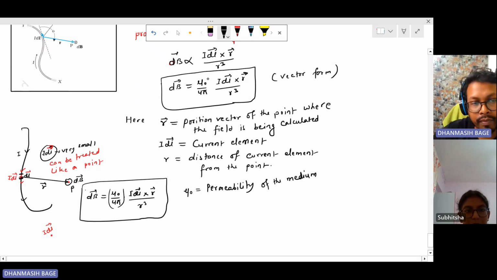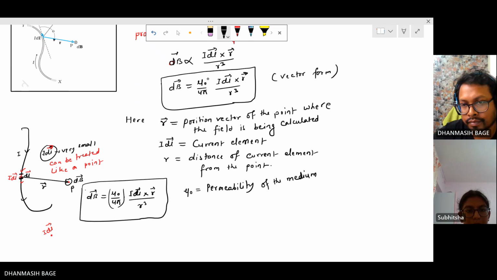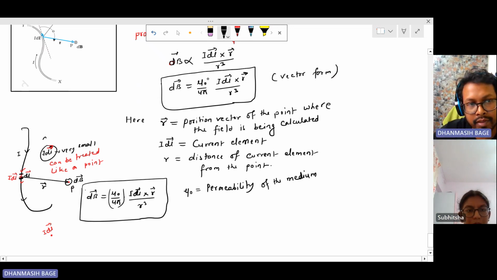I dl, what does it mean? Current element. Did you understand current element?